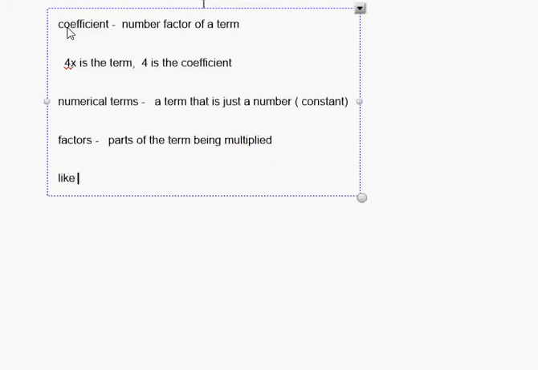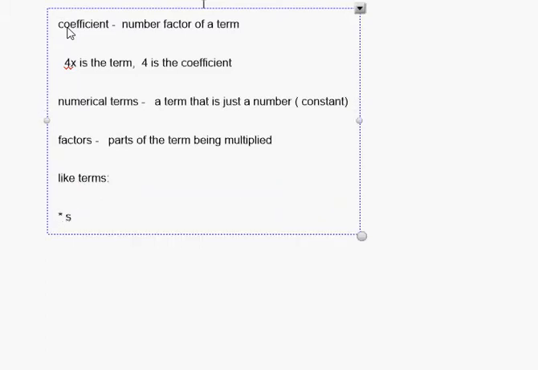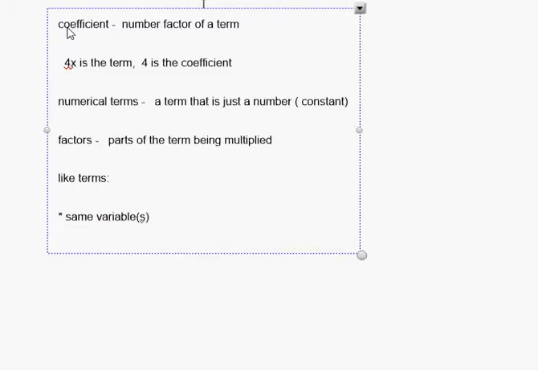Like terms are terms that have the same variables. They have the same exponent for the matching variables.